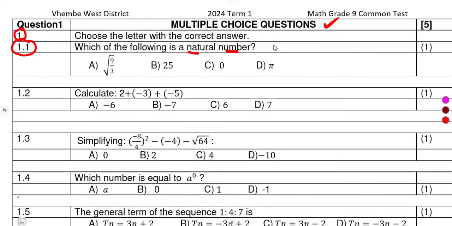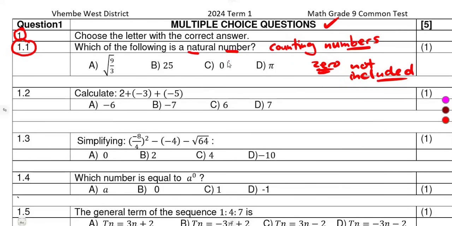So you're talking of counting numbers, but 0 is not included. We are not supposed to have it. So option C is totally out because we have a 0 there.